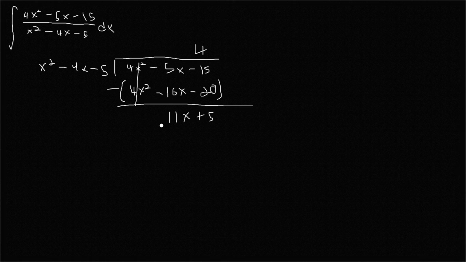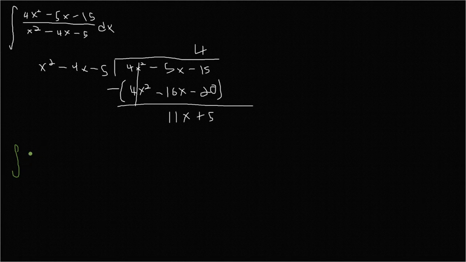And so we can't divide anymore because we are out of terms. So like the last question, we're going to have to do some partial fractions stuff. So let's do this in green.